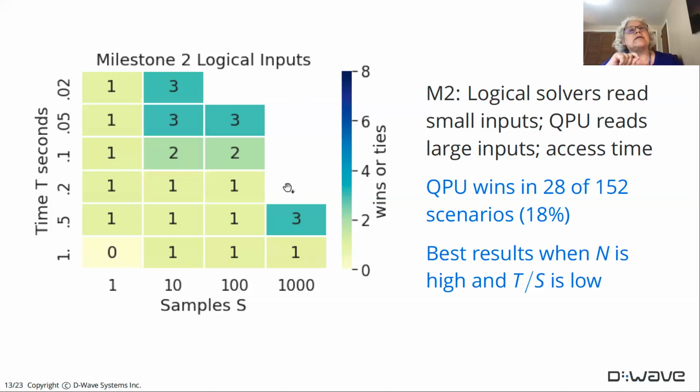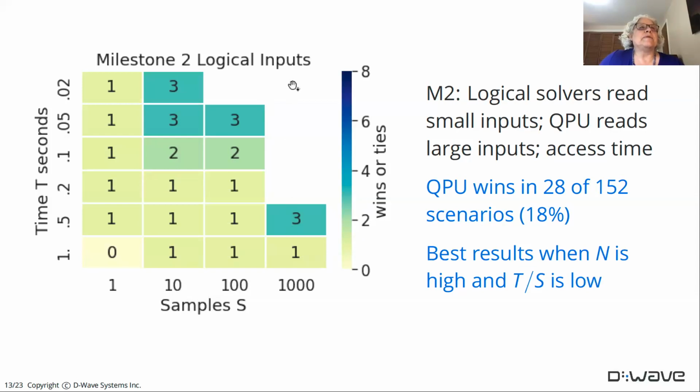These empty spots here are places where we could, by arithmetic, tell that the QPU can't solve them, because of access times and readout times. For the most part, the classical solvers couldn't do these either. There were a couple of GPU solvers that could find outputs in these cases, but these are just beyond the range of all of the solvers in our tests.